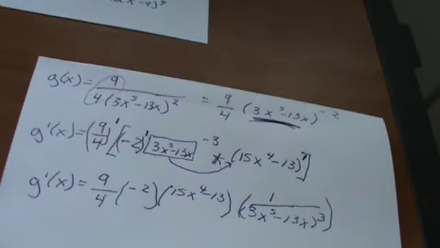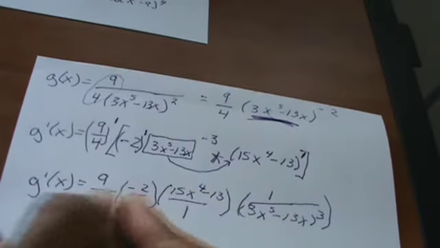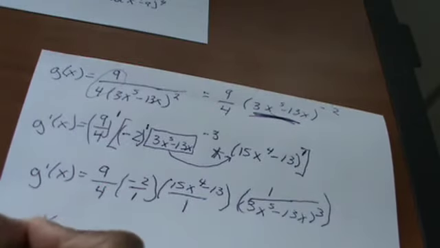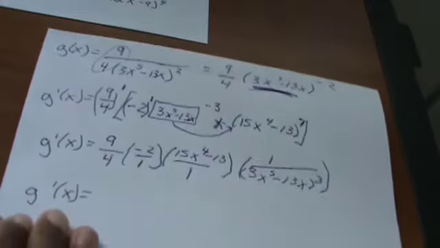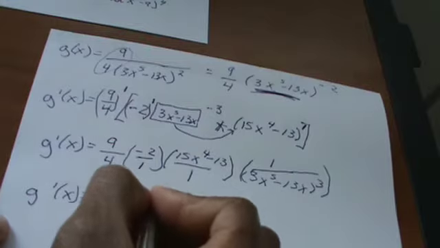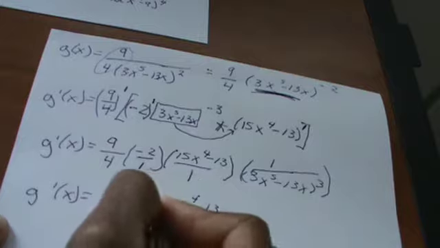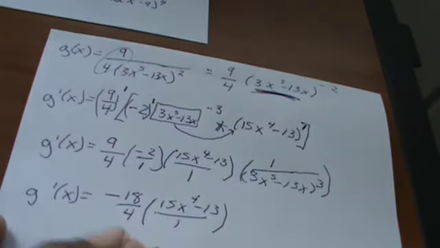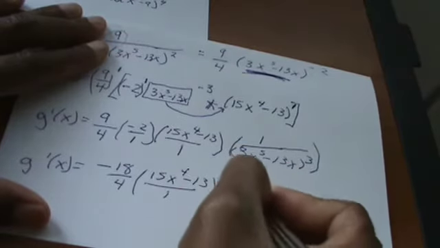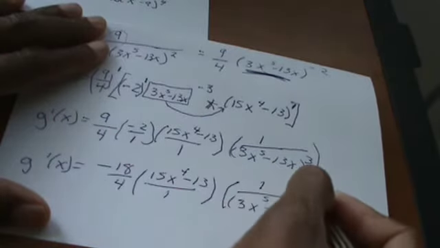All right, so in order to combine these, I'm going to make this over 1 and make this one over 1 also. So I have to multiply straight across. So then g prime of x then equals -18 over 4, 15x to the 4th minus 13 over 1 times 1 over 3x to the 5th minus 13x, that quantity cubed.